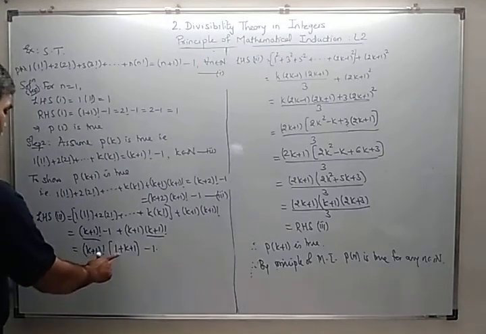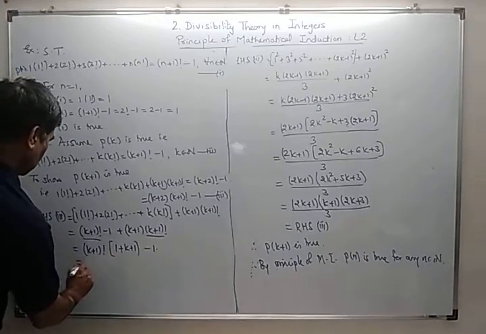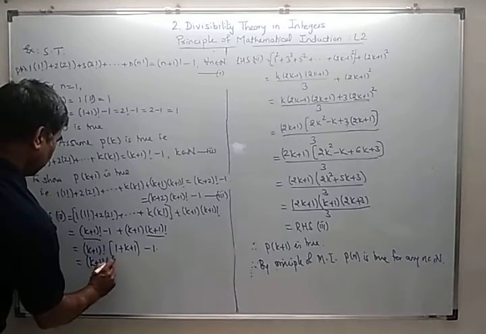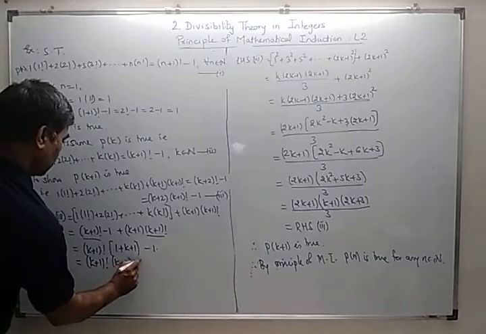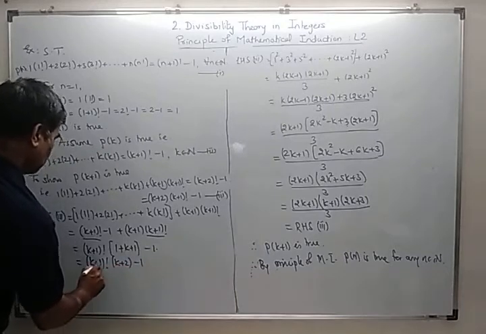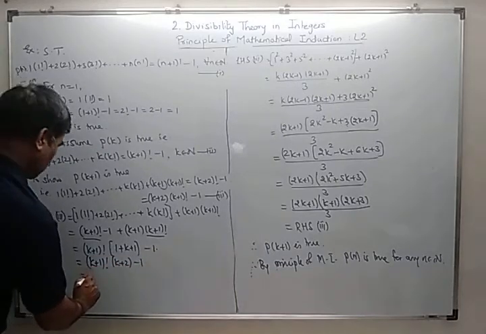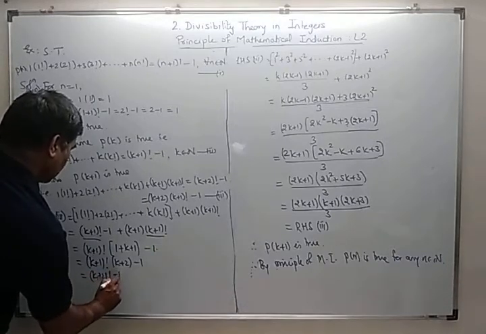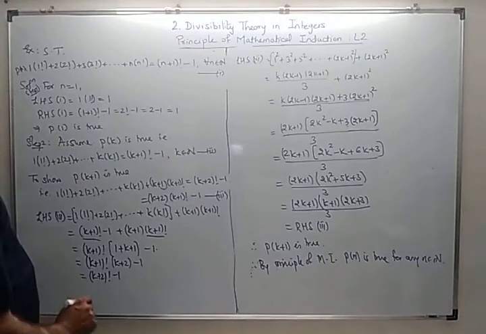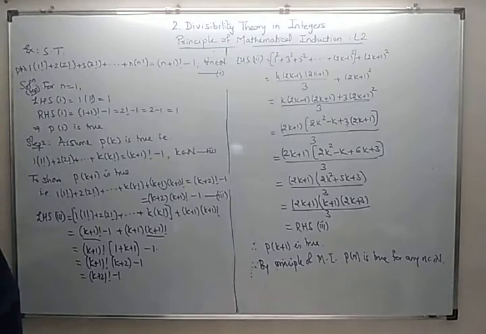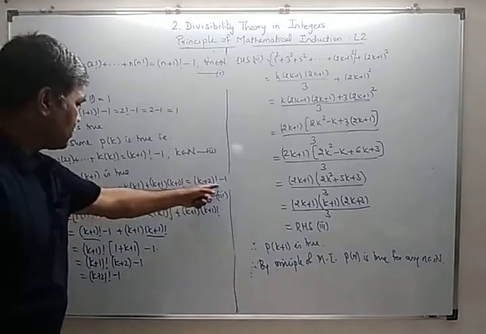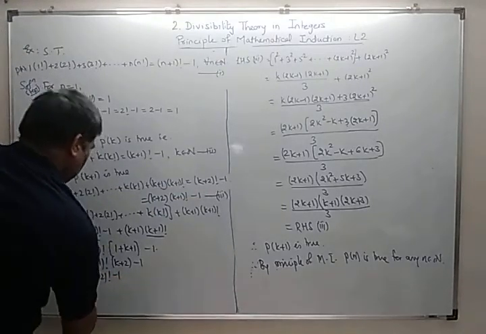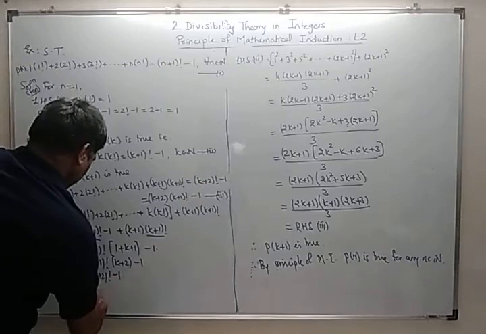What is this? This is your k plus 2. K plus 1 factorial into k plus 2 minus 1. K plus 1 factorial into the next term k plus 2, that is k plus 2 factorial minus 1. We're getting it here, which is nothing but the right hand side of 3.